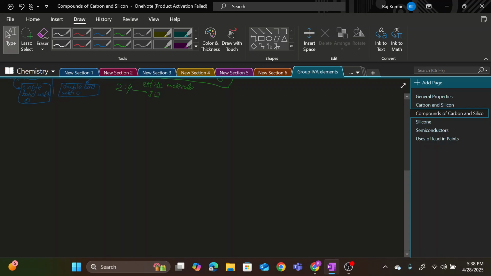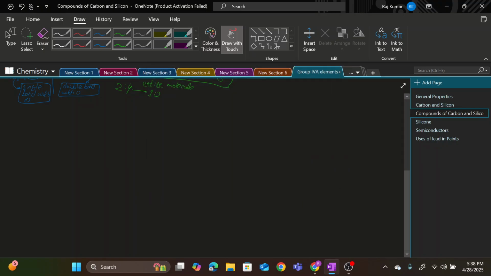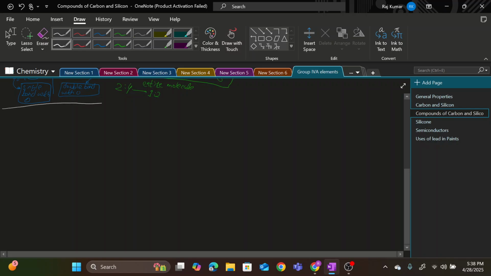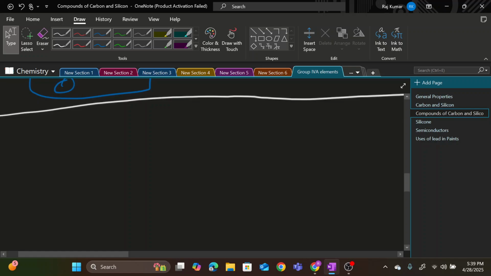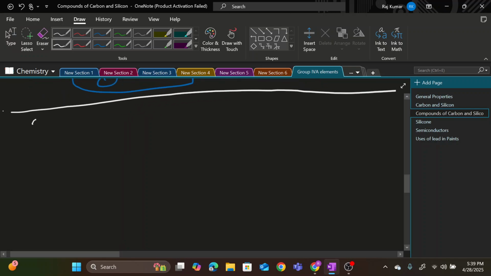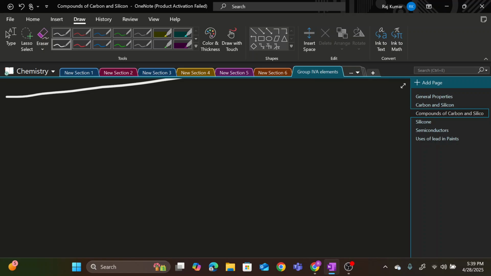Now there's another important thing that I'm going to write here, which is about some important silicates.